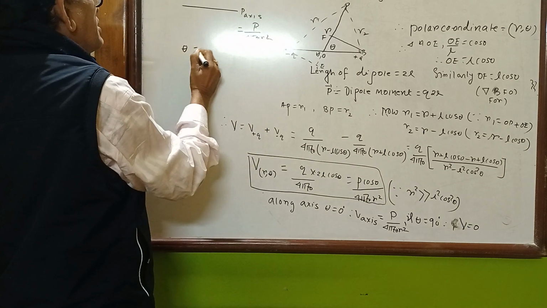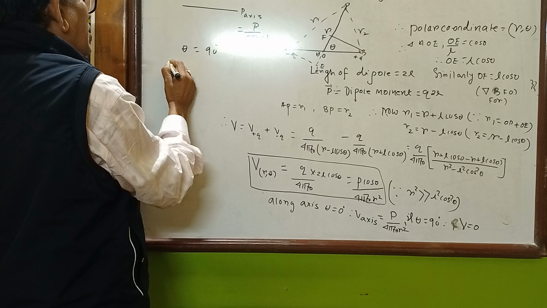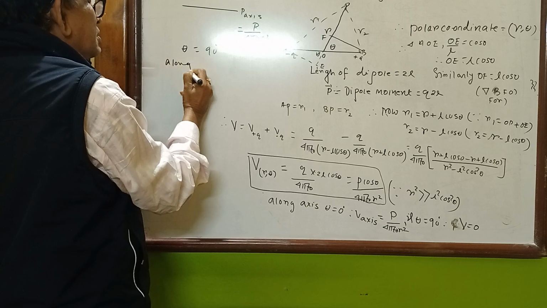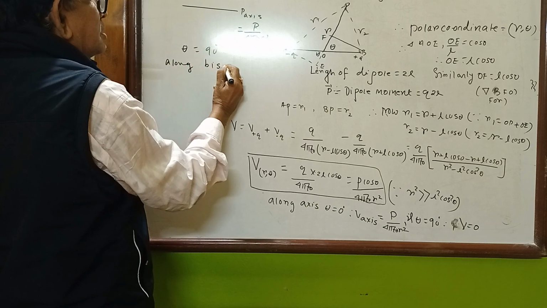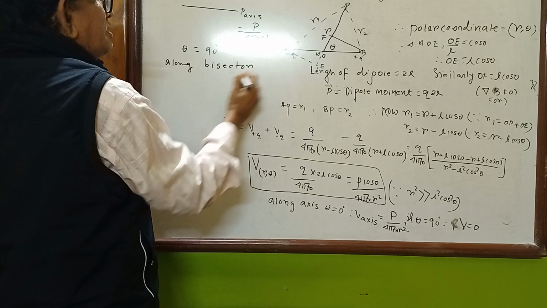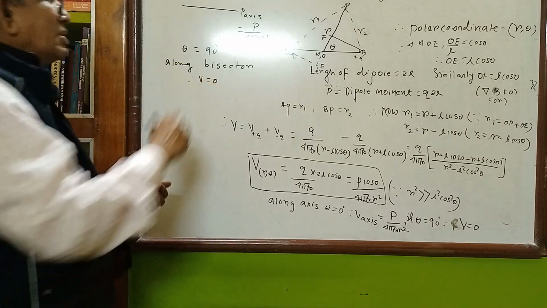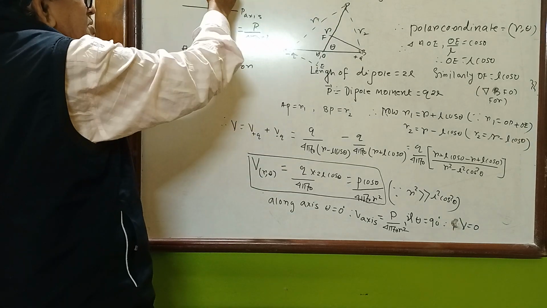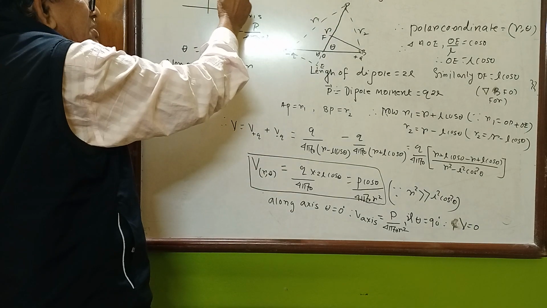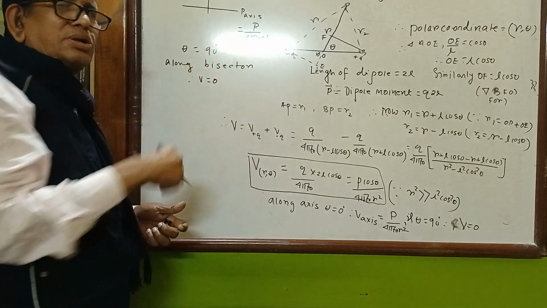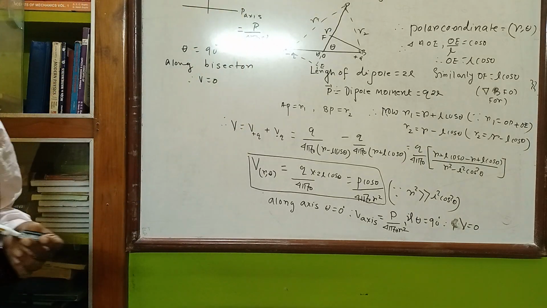But if theta equals 90 degrees along the perpendicular bisector, you are getting V equal to 0. Every point on the perpendicular bisector has V equal to 0. So all are 0 along the perpendicular bisector line.